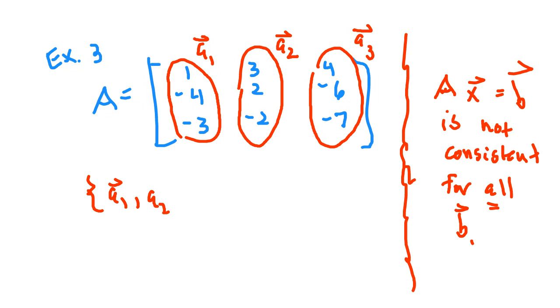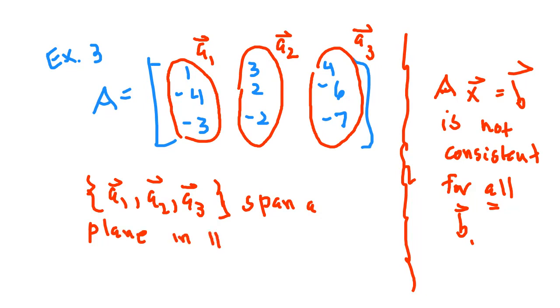It is consistent if, well, let me say this. These column vectors A1, A2, A3 span a plane in R3.